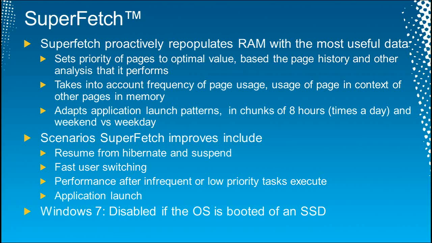But Superfetch makes use of the other priorities by pre-populating. Like I said, if it sees free memory, it will try to fill it with data from disk. And the way that it learns is based on the history of the system. It tries to improve things like resuming from hibernate, and performance after something comes and slams memory, frees it, blows it out.